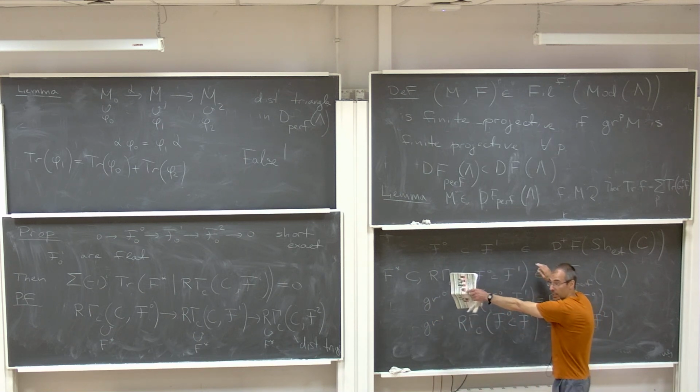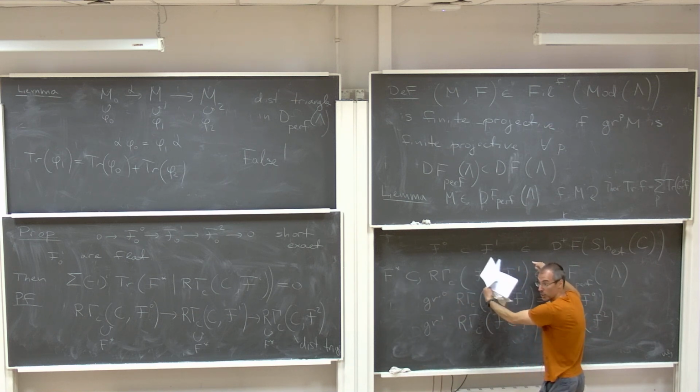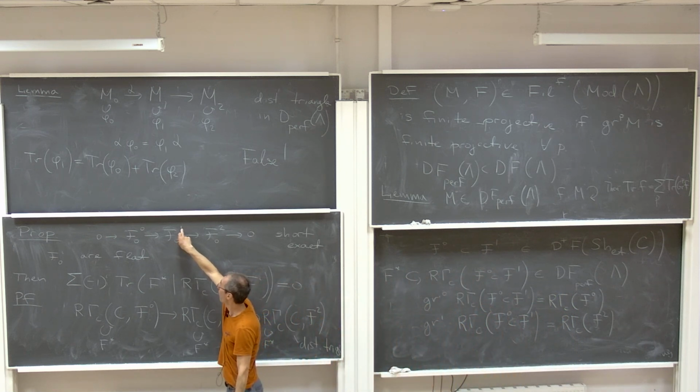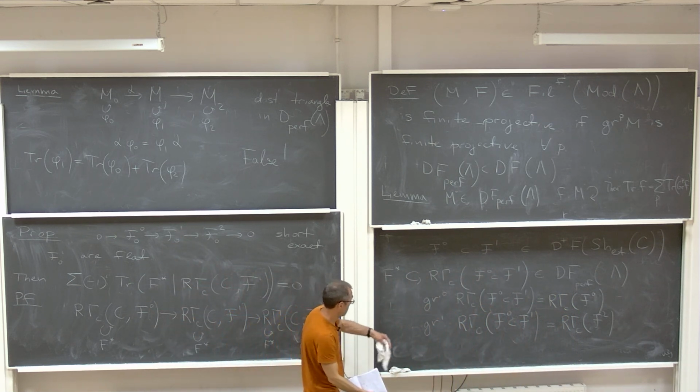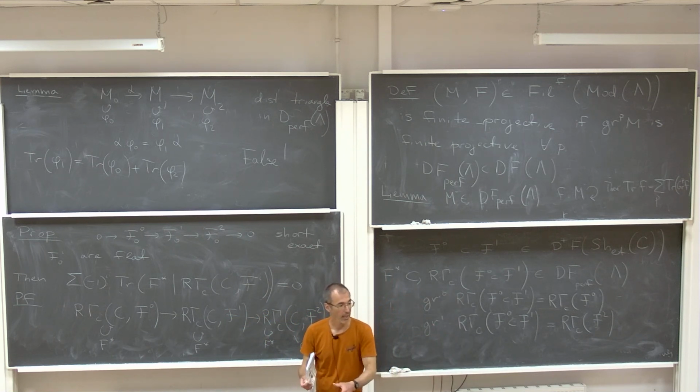The trace of this endomorphism on this guy, which is the same as the usual trace on F1, is equal to the sum of these two traces. And we get the proposition. OK, let's stop.